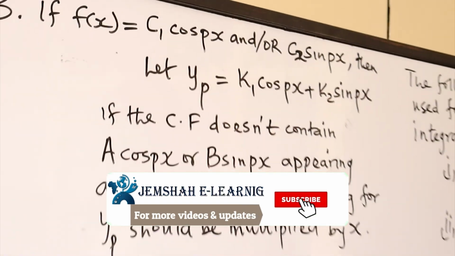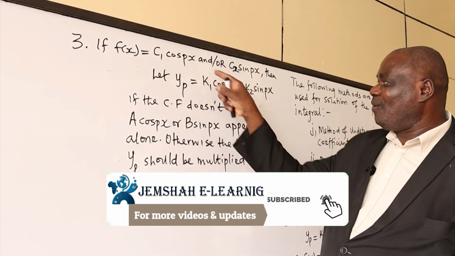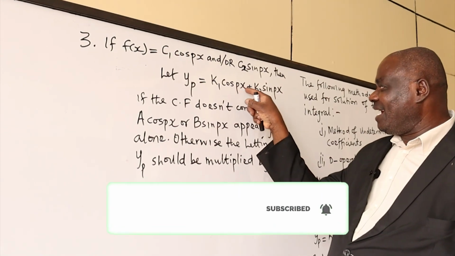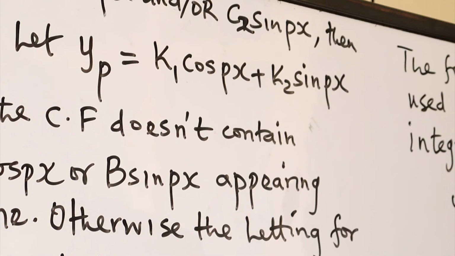Then the letting is the same. It will be k1 cos px, we maintain the cos, we maintain the p here, plus k2 sin px, we maintain that p. We don't change.